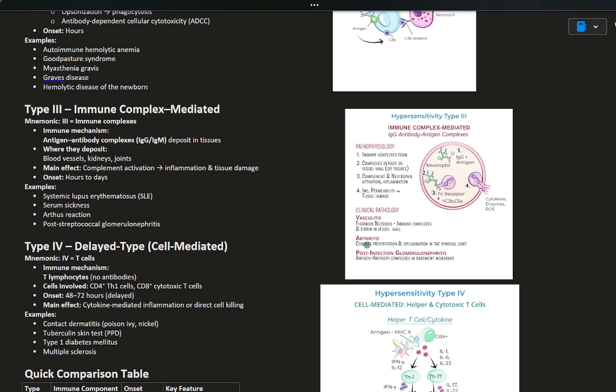In arthritis, there's going to be complex precipitation and inflammation in a synovial joint. And because these deposits can be found in blood vessels, it's important to remember that vasculitis is associated with a type 3 hypersensitivity reaction. So, one example of this is fibrinoid necrosis, where you have immune complexes and fibrin deposited into the vessel wall, thus triggering inflammation of the blood vessels.